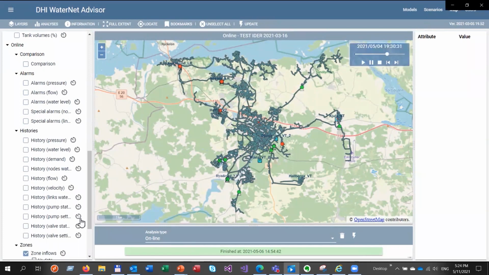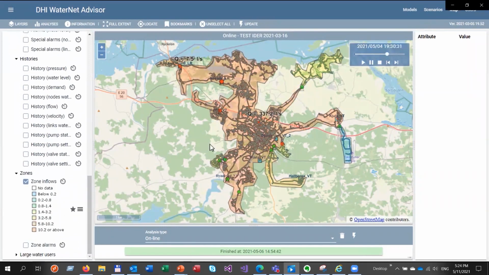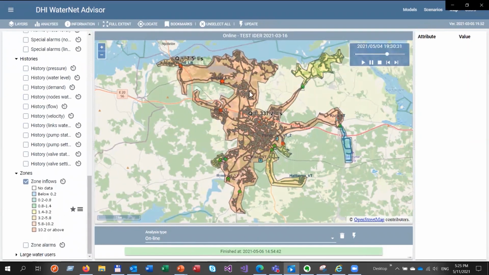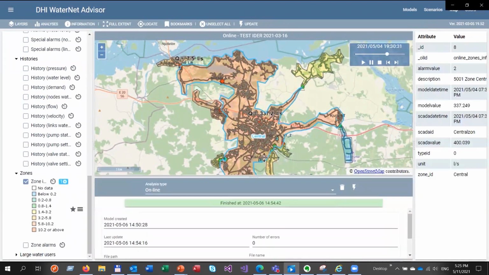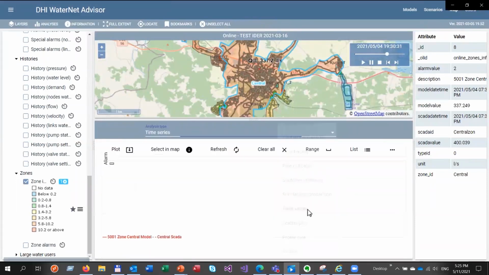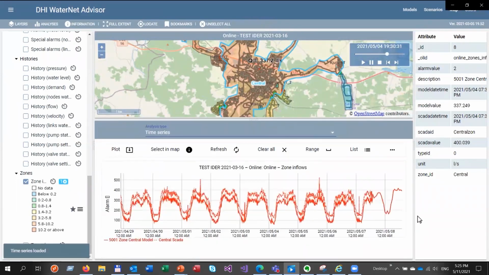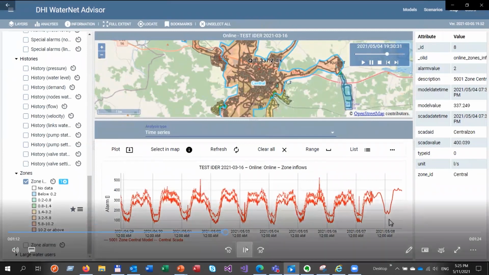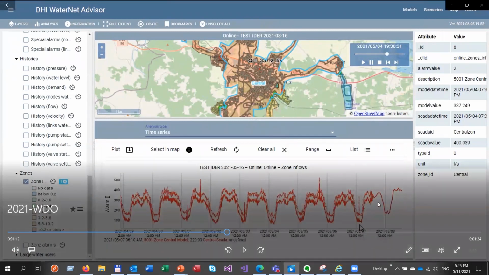And for distribution zones in the system, we can select the zone, click the zone, and see the current consumption in liters per second or the flow units. And then we can take a look at the time history of water consumptions in that zone. And that is illustrated here: at the end of this time series, the actual data collected from telemetry end here.